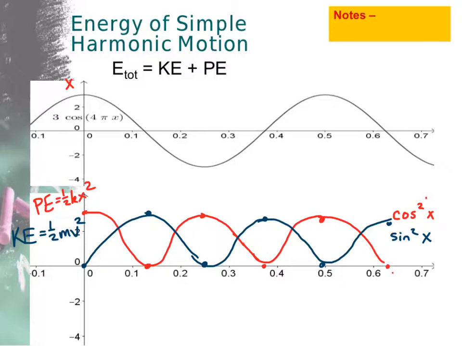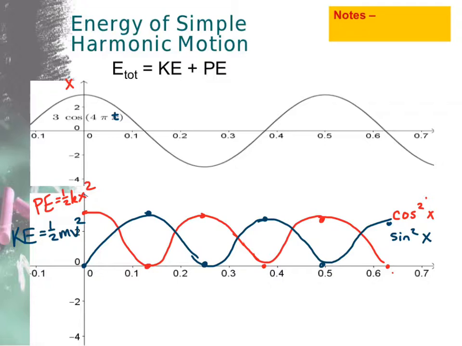It's 4 pi t, because that's what I have up here. Oh my goodness, I forgot to change some things there. It's x as a function of time, so this should be 4 pi t, not 4 pi x. Sorry about that.